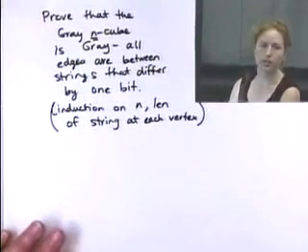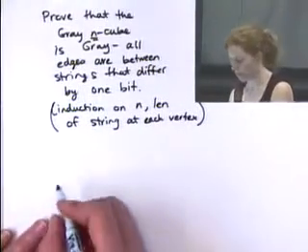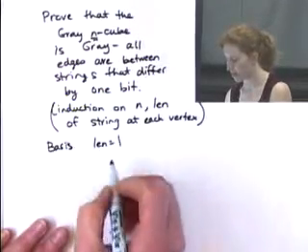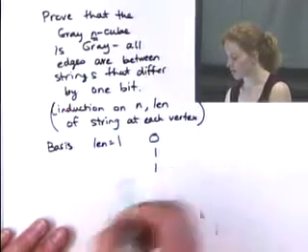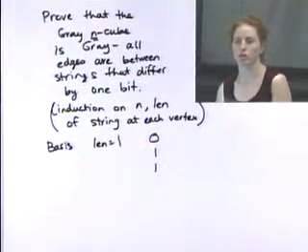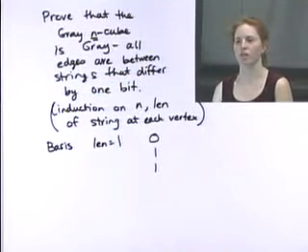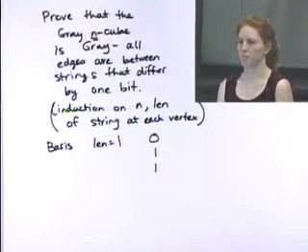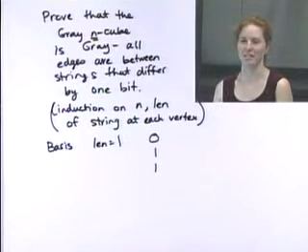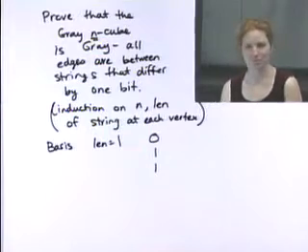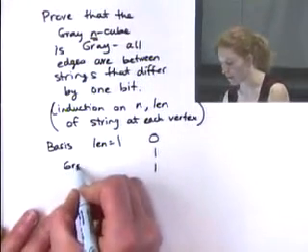So our basis should be length equals 1, right? That graph is just a 0 connected to a 1. And you can see by inspection that this one is gray, right? That edge is between two things that differ in 1 bit because there's only 1 bit, and they're different by 1 bit. So this is gray by inspection.